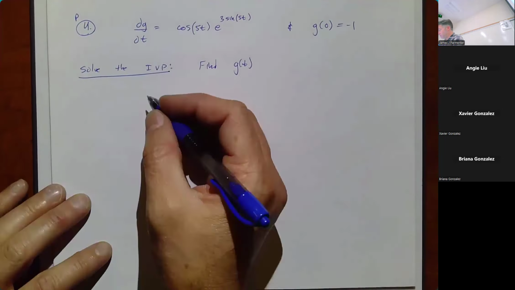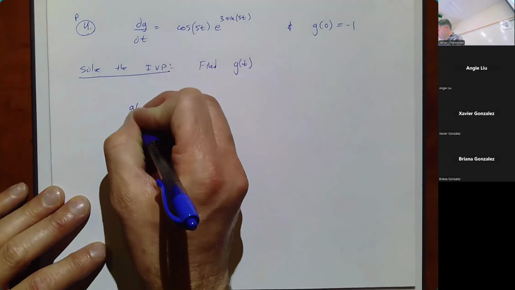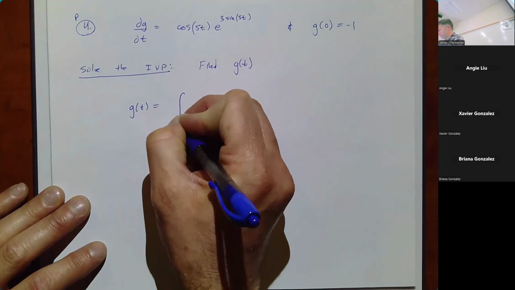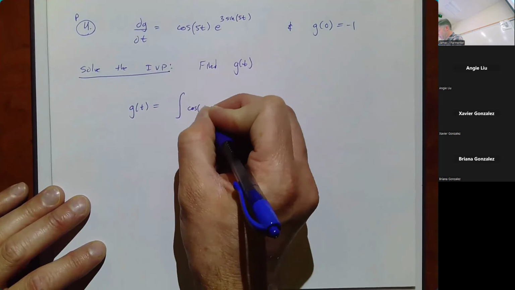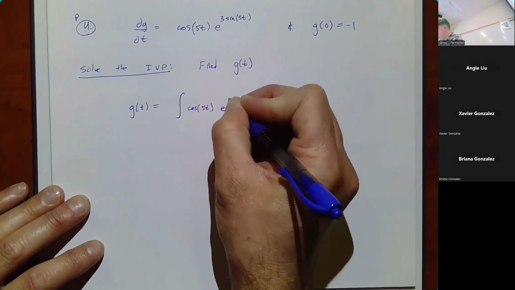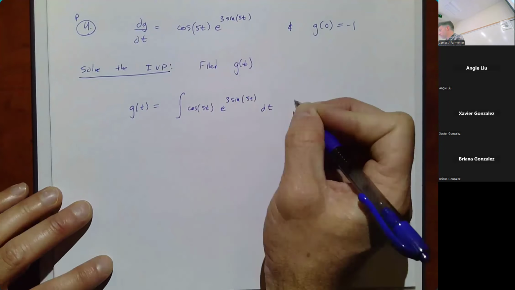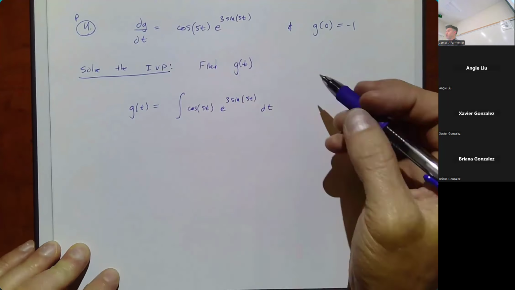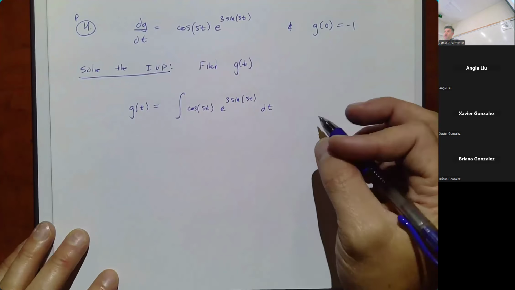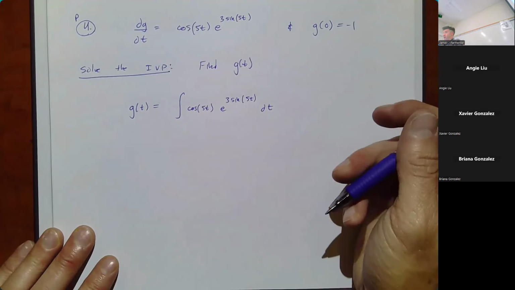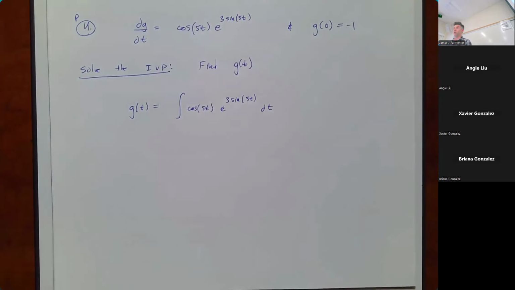Right. So to find g of t, we're going to find the antiderivative of cosine of 5t times e to the 3 sine of 5t. And hopefully, she has made this integral problem relatively straightforward. I think, again, there's a kind of glaringly obvious choice for what we're supposed to do here.